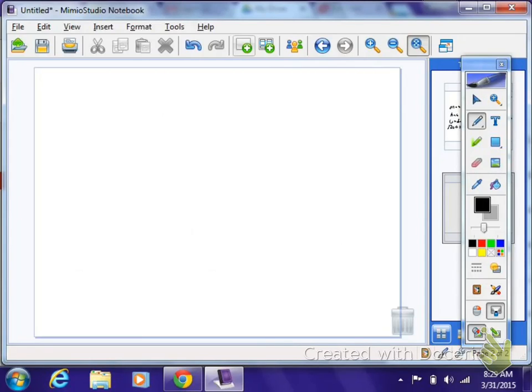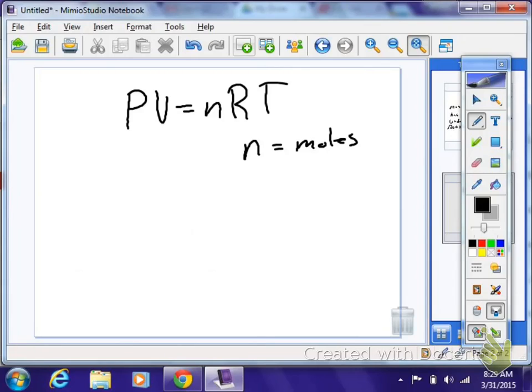If you were gone yesterday, we are using this equation, PV equals nRT. For those who were gone yesterday, the n represents moles. So moles is just the number of molecules that are in that sample. The more molecules, the more pressure. The more molecules, the bigger the volume if pressure stays constant.